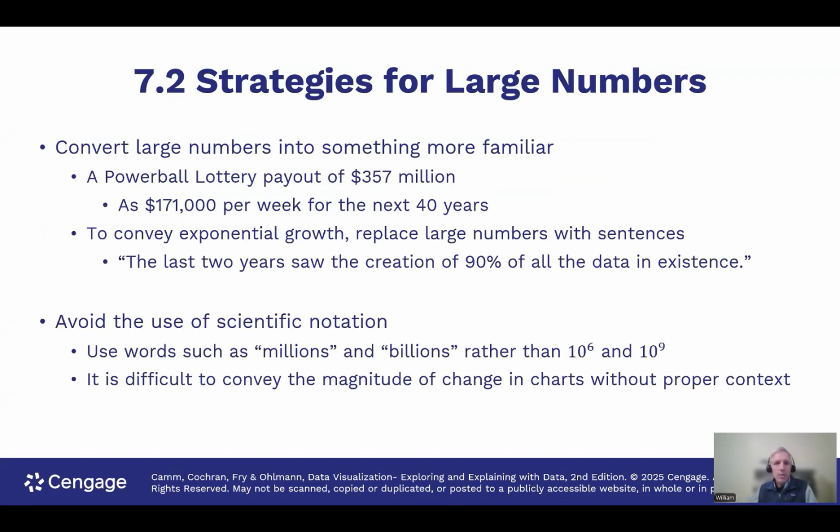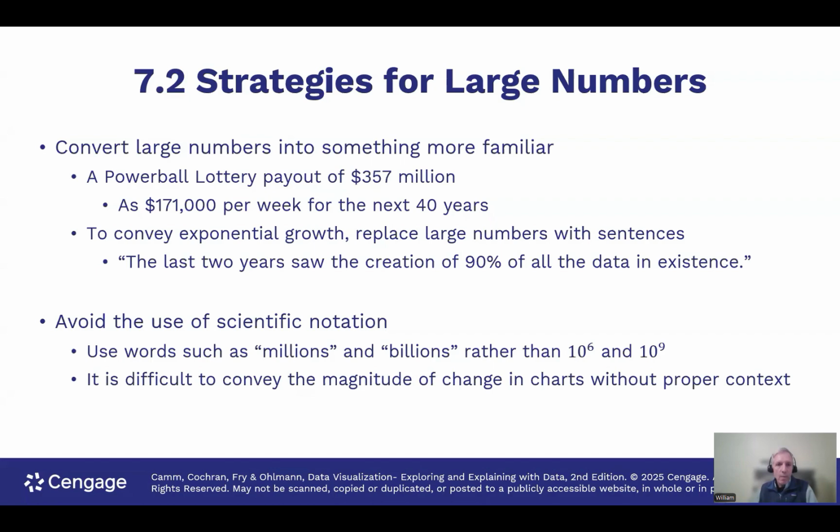So if you have large numbers, you want to convert them into something more familiar. If you have a fact, a Powerball lottery payout of 357 million, that is an abstract number. As much as we throw around millions and billions of dollars, we don't have a good sense of what that is.